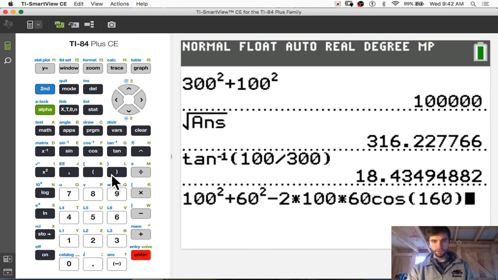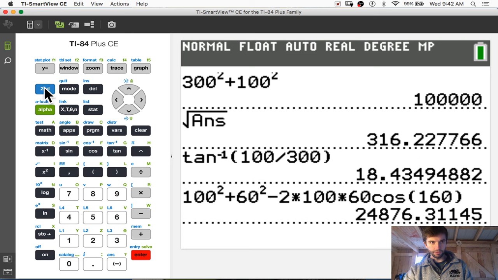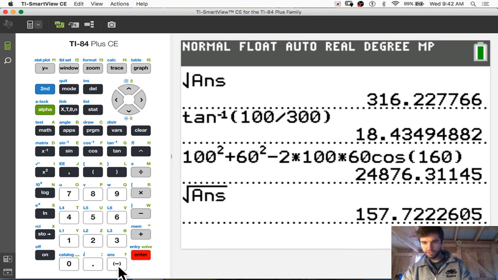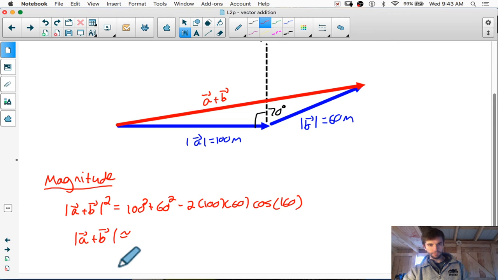And this will give us an approximate answer that has to be square rooted. So square root of that answer, I get 157.7. So it's approximately 157.7 meters from where they started.